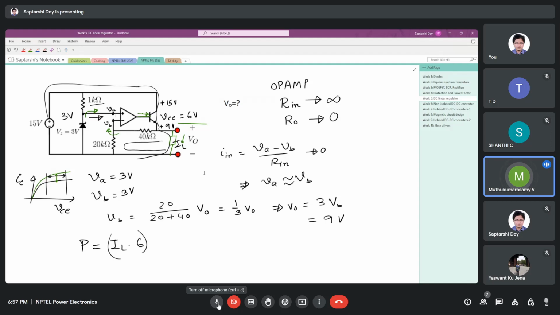Sir, is there any way by which we can calculate the current through this BJT collector? I think for that we have to write a KVL here. Let us see if we can write a KVL.